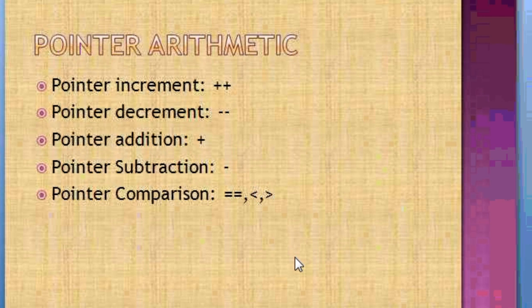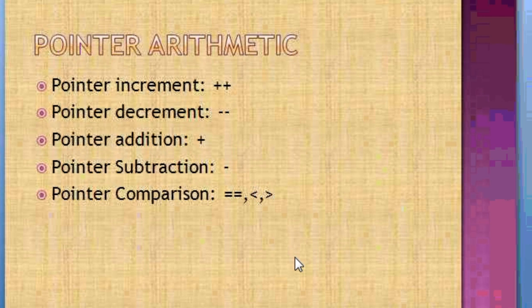But a pointer variable will not increment the value by 1 only. i plus plus means ptr plus plus. So if ptr is a pointer variable and we are writing ptr plus plus, ptr will increment the value by the size of its data type. Like we are declaring int star ptr, it is holding a value of type integer, and an integer requires 2 bytes to store the value.